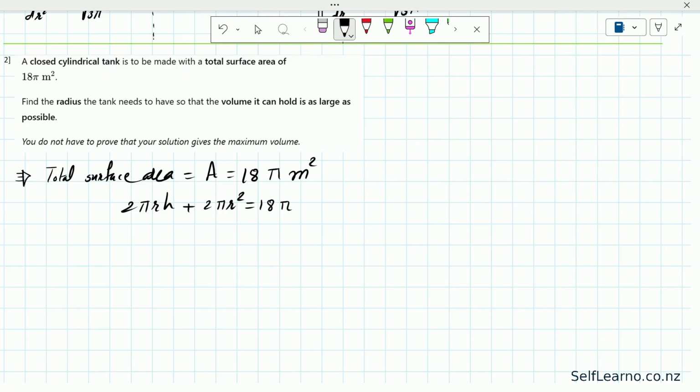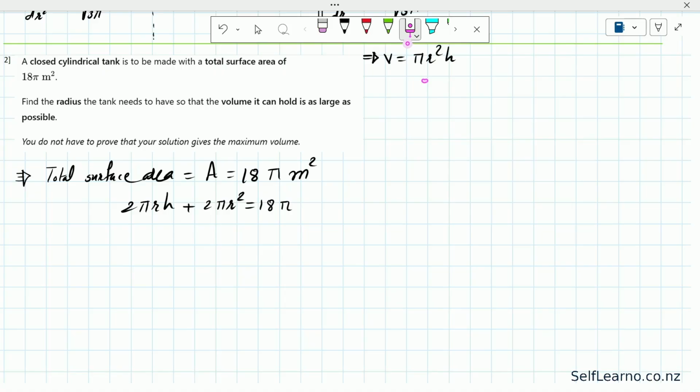Fine. Now, we want to optimize the volume of the cylinder, so I have to write it over here. V is pi r square h. But here we have two variables in front of V. So I have to eliminate one variable out of these two.